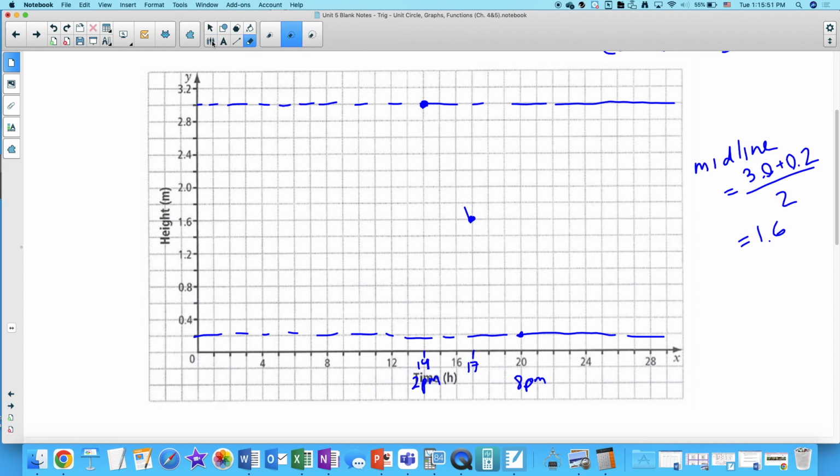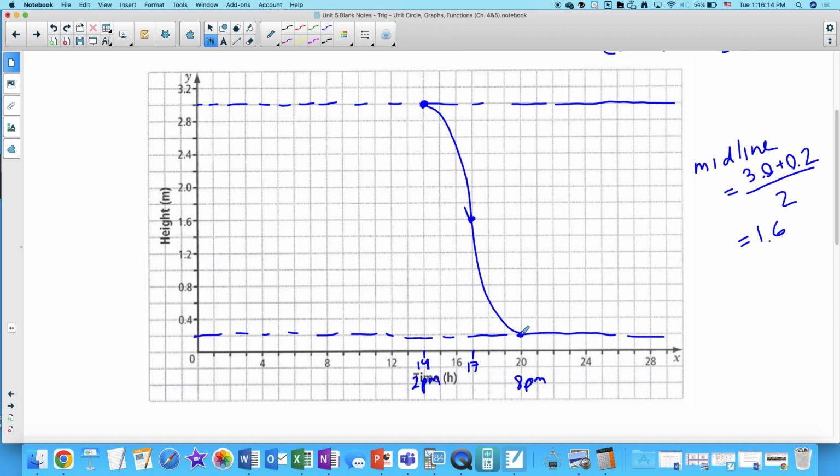Okay, how much of a cycle is that? Half. Going from the max to the min, the full cycle will be going all the way back up to the max. So half a cycle is 6 hours.